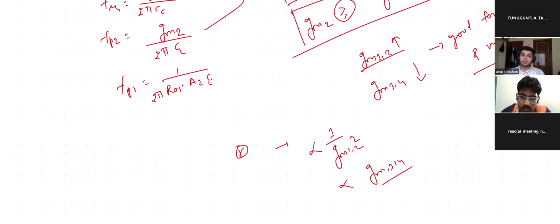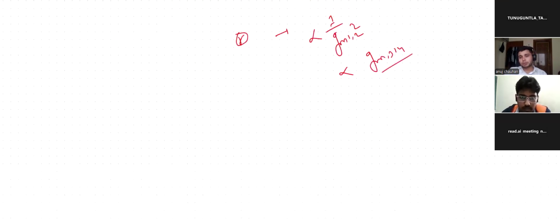That's why I told you we keep the GM of the current mirror low to reduce mismatch, noise and offset, and keep the GM of the input pair, 1 and 2, more, so mismatch and noise can be reduced. So this was about your project.